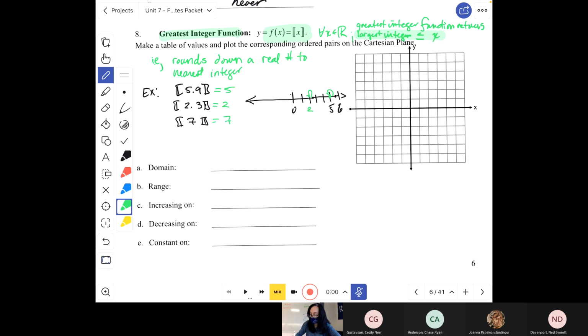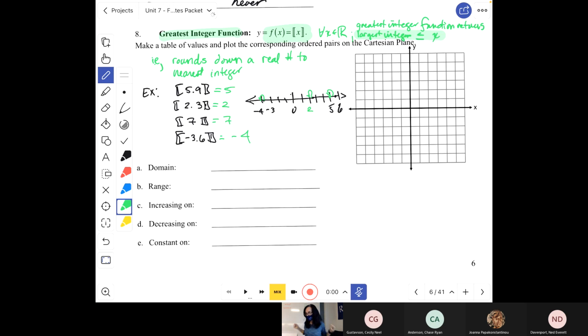What if I give you negative 3.6? Okay, so let's go ahead and look at negative 3.6. So I'm between negative 3 and negative 4, right? I'm rounding down, so I'm always looking to the left because that's less than, right, on the number line. So what would that be? Negative 4, right? So do you see what that greatest integer function does? Okay.